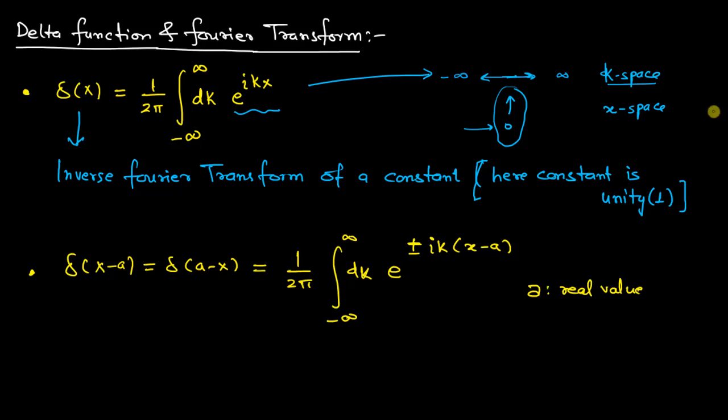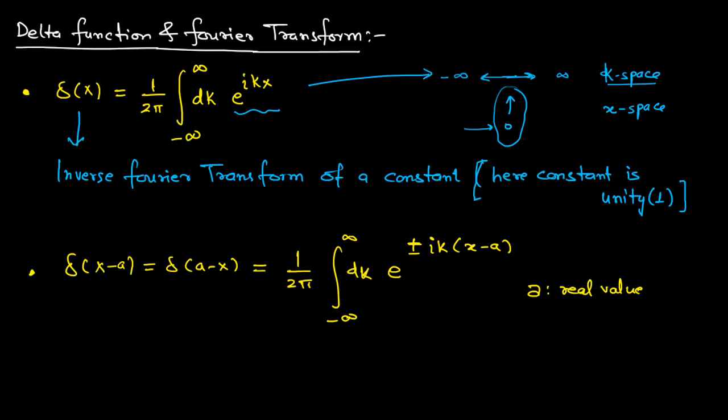Okay, so this is the relation between the Fourier transform and the delta function, and they are related with each other. So the delta function is the inverse Fourier transform of a constant, and that constant is unity. Or if you take the Fourier transform of a delta function, that will come to be unity.